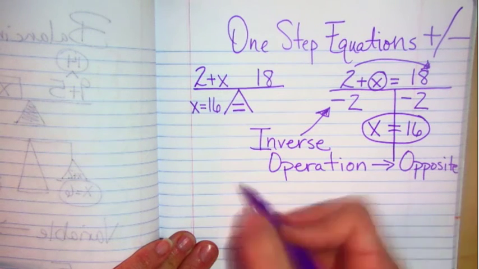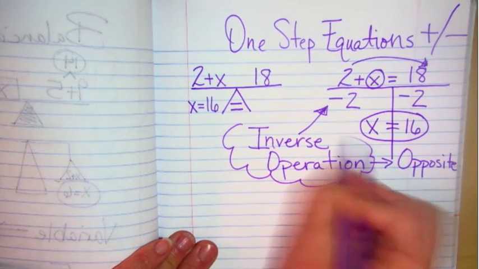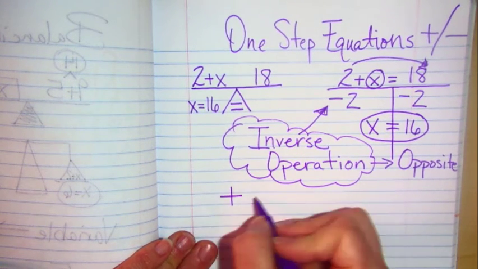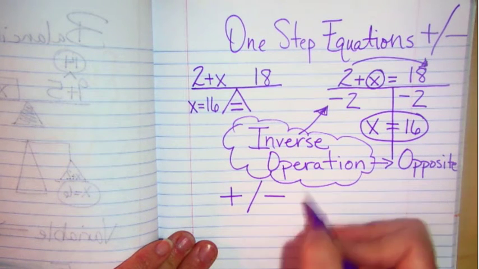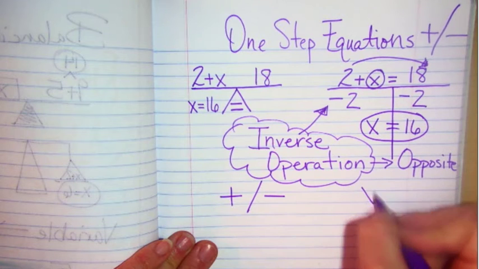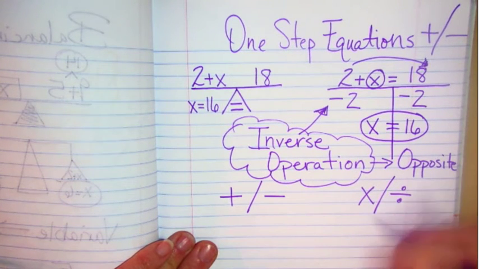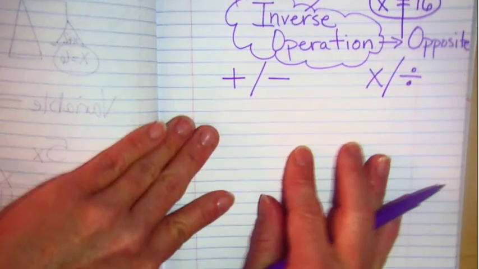Subtraction would be addition. This is something we're going to be using a lot throughout this section. Adding and subtracting are two opposite inverse operations, and multiplication and division are inverses too. So today we're going to focus on the subtraction part.